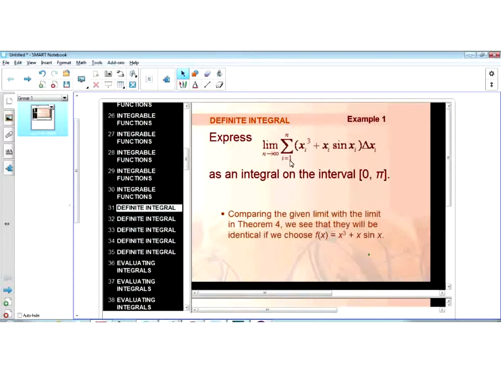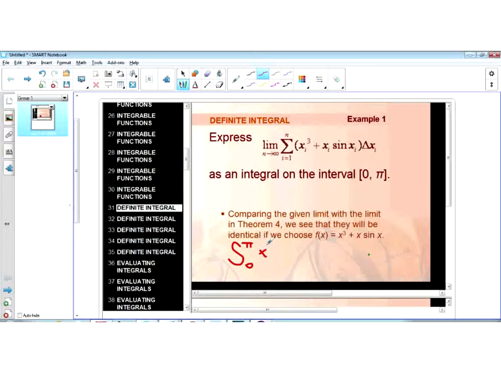All right, so for example, express the limit as n approaches infinity of the sum of x sub i cubed plus x sub i sine x sub i times delta x as an integral over the interval 0 to pi. Okay, so let's see how that's done. So from 0 to pi, that means our partition starts at 0 and ends at pi.